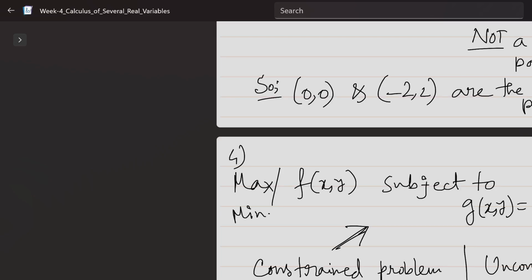A constraint problem is any physical problem actually, or real life problem, or biological, mathematical biological problem, with respect to some condition. That is called a constraint problem. So its example is any physical problem.